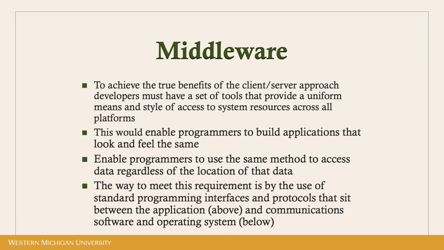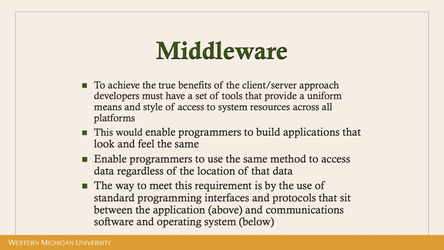Now, to really make client-server approaches nice, we should have a set of tools that provide uniform means and style of access to resources across any platforms that we happen to be using. Right? We don't want things to be different or have to have different versions of things for different operating systems, for example. And this is where something called middleware comes in.